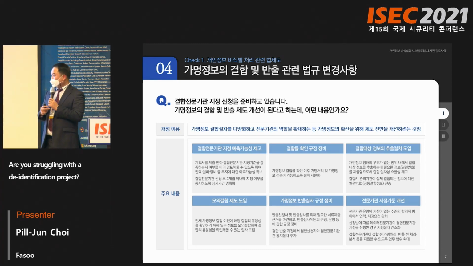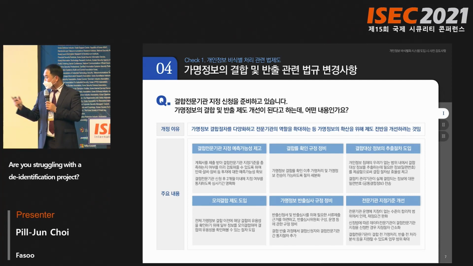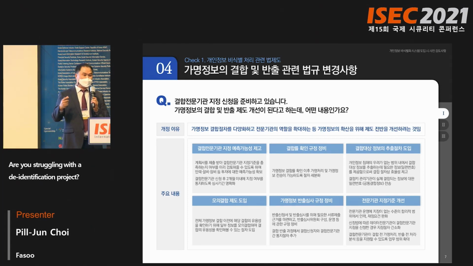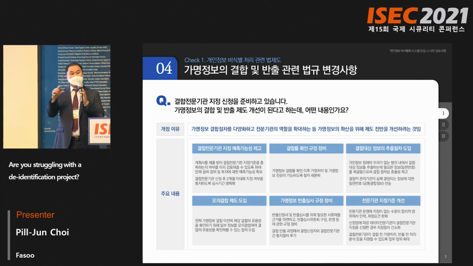And you can test the combination of the data. So there is a general combination and the pilot combination. If you're preparing to be a data combining organization, you need to prepare the process. The pilot combination is sent by a requesting organization. If there are 100 records and 30 of them are sent as pilot data, and you try to combine the 30 records first, then you can find the combination rate and the analysis of the combination results.